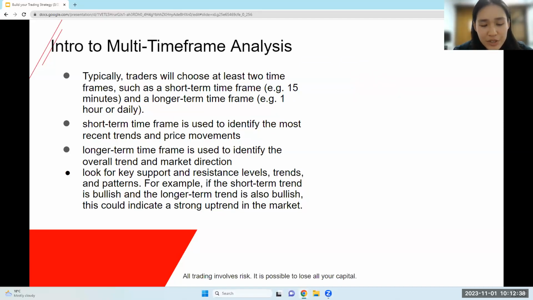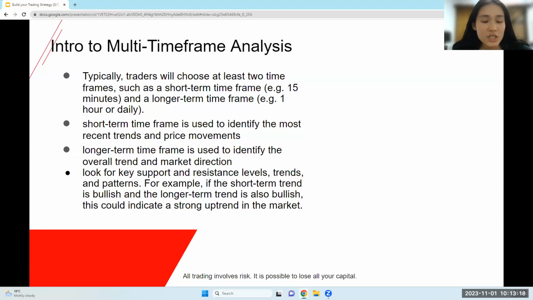I'll just do a really brief introduction to multi-time frame analysis. We went through this last week, but if you weren't here for our previous webinar, which was on day trading, I'm just going to briefly talk about this in this slide. Typically, traders will choose at least two time frames, such as a shorter term time frame and a longer term time frame. It's basically a strategy that involves analyzing the market from multiple time frames so that you get an idea of the general trend of whatever commodity or currency you are trading.